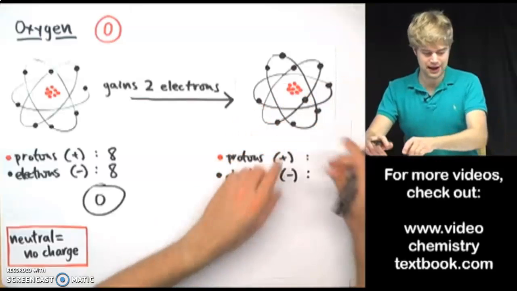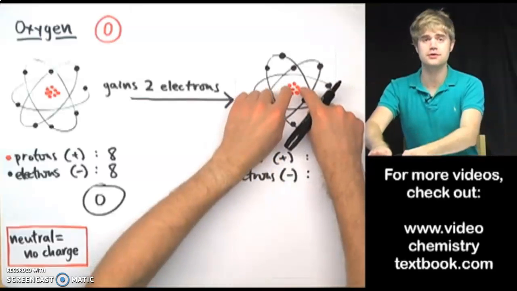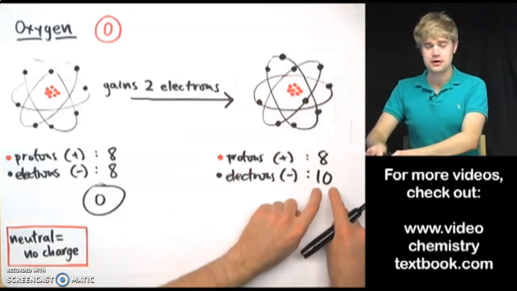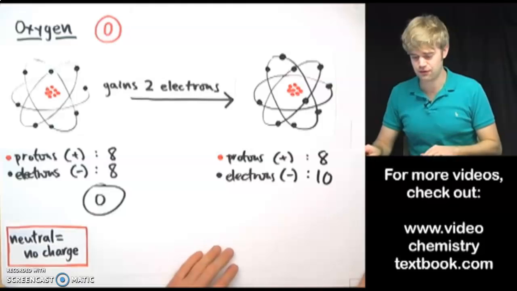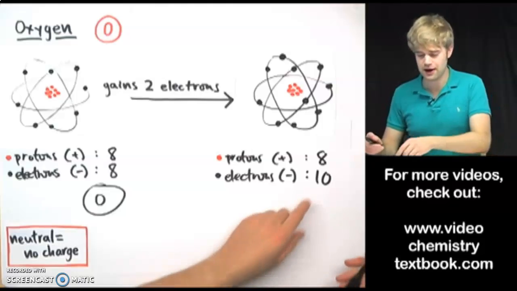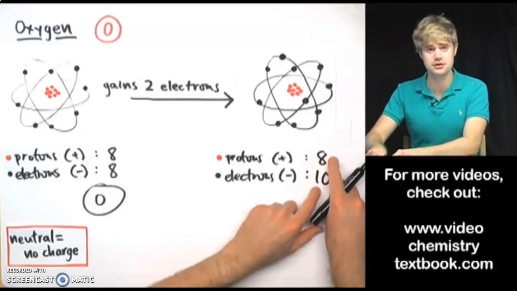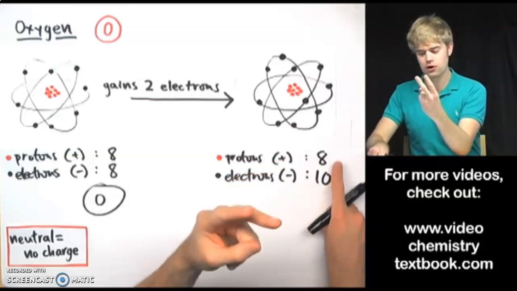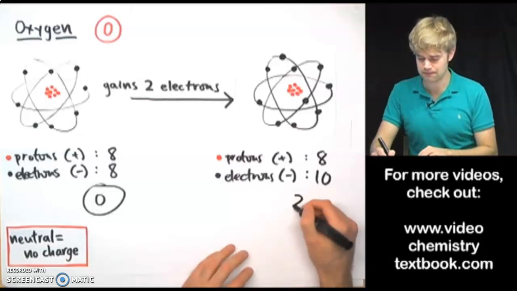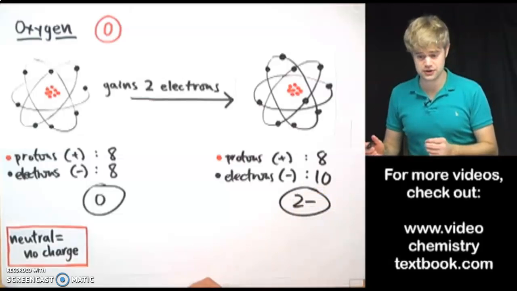And now it still has 8 protons in the nucleus. And if I count up these electrons, it now has 10 electrons instead of 8, which it had before. So now the protons and electrons don't balance out anymore, and I have more negative charge than I have positive charge. I've got 2 more electrons than protons, so that means that my total net charge is going to be 2 minus.